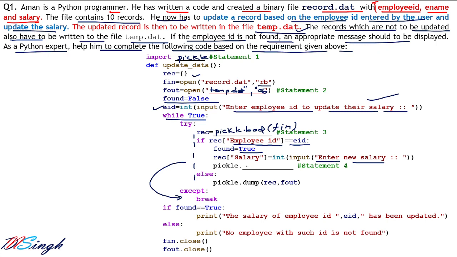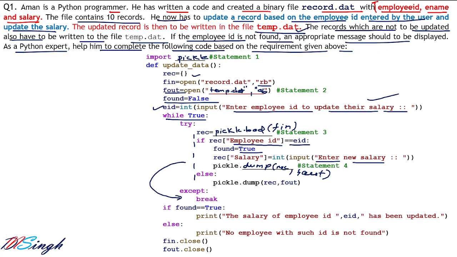There is a function inside the pickle module called dump, and it takes two arguments. First is the record to be inserted, so rec comma file handle. So now we will take f out, because we want that to be written in the new file called temp.dat, and f out is the file handle which is associated to the temp.dat.